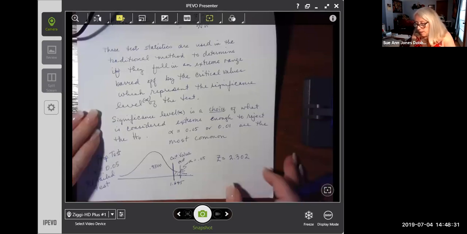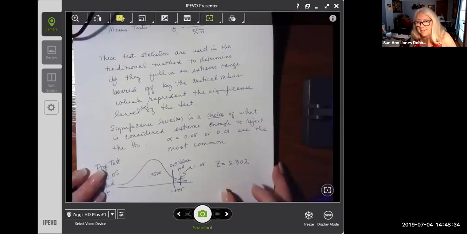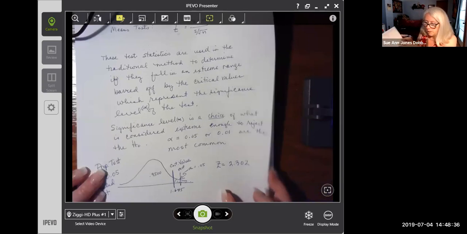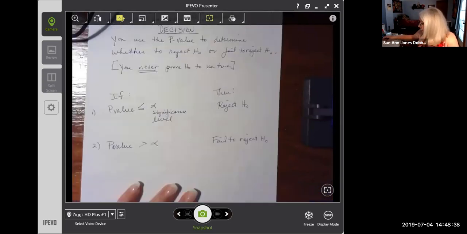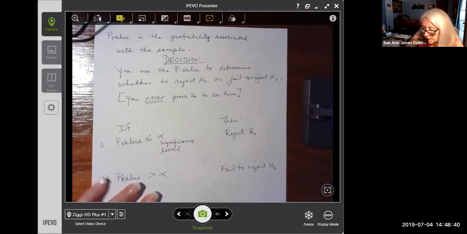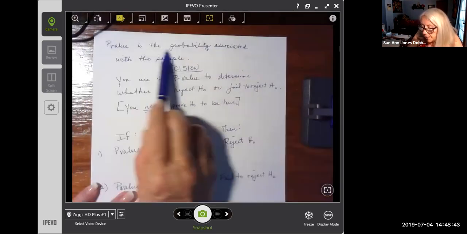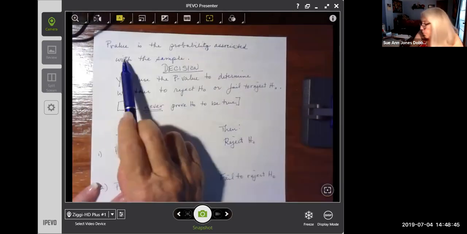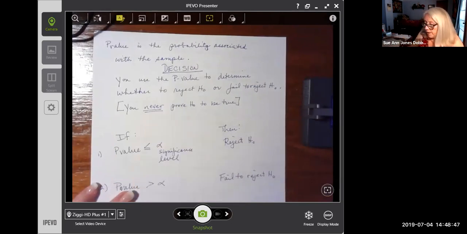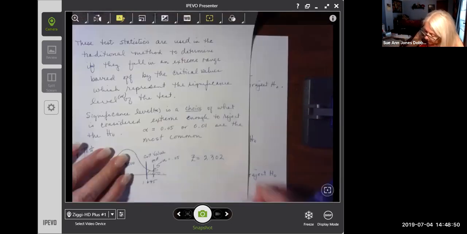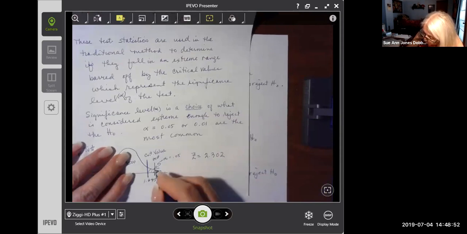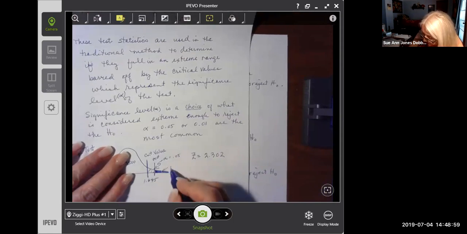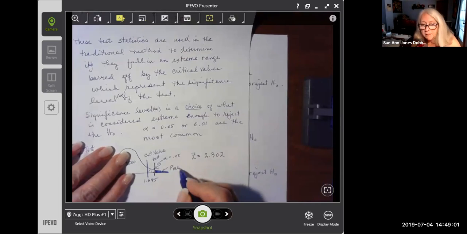So it's still based upon this idea, but it basically tells the probability associated with the sample. Now, in this example that I gave right here, the p-value would be everything to the right of the test statistic, the size of the area to the right of the test statistic.